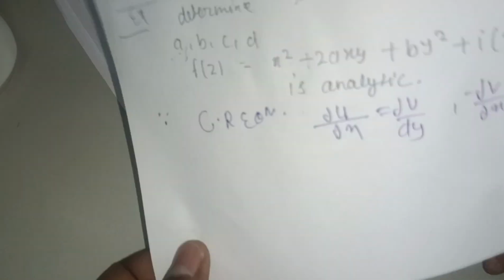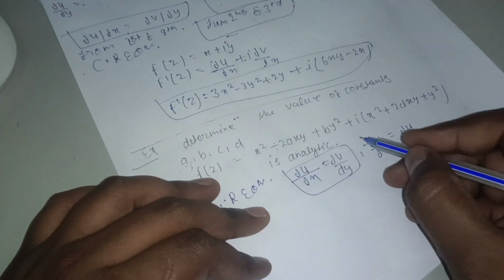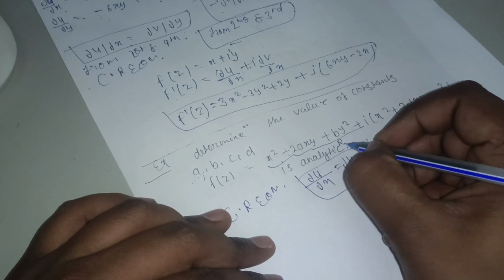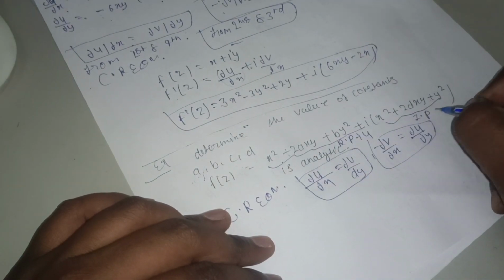Now simply, we know that this is our real part, meaning u, and this is our imaginary part, meaning v.